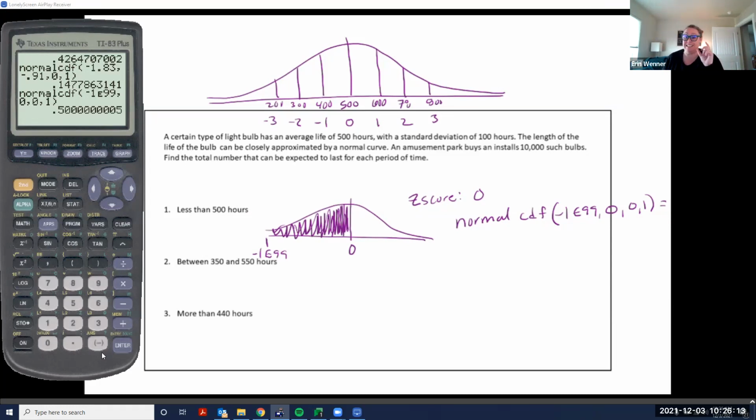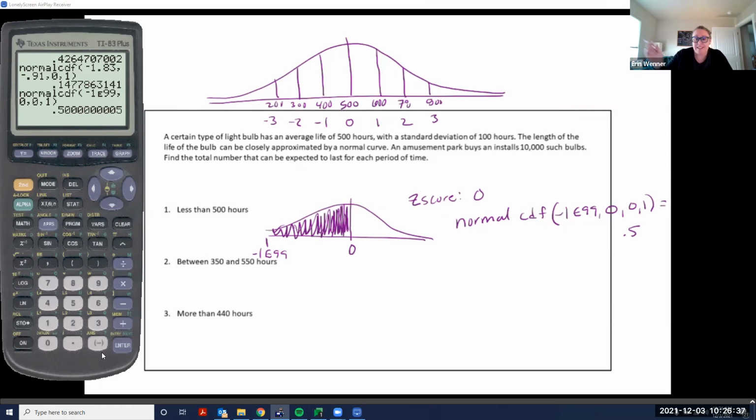And the reason why it's not exactly 0.5 is because we're using an approximation for infinity, meaning we're using -E to the 99, but it is actually just -infinity. So we're going to use a rounded amount of 0.5 here, because that's what it is really if we were able to have -infinity.